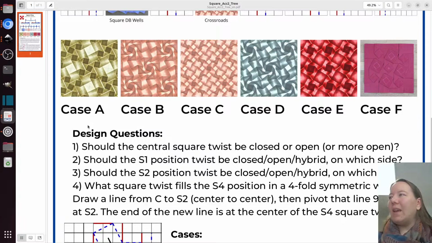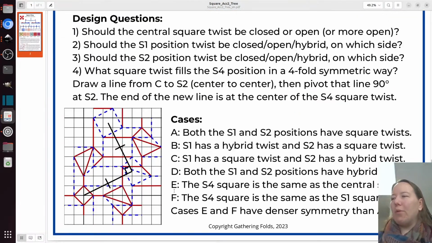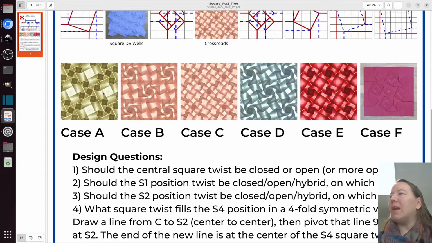And we've got these cases of, okay, case A, and here I go through all the different options, but case A, all of the choices are regular square twists. And in that case, the first one, the third one, and the fourth one are evenly spaced on the number line of squares, which is something I go into in other videos.